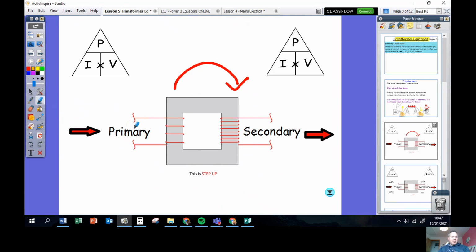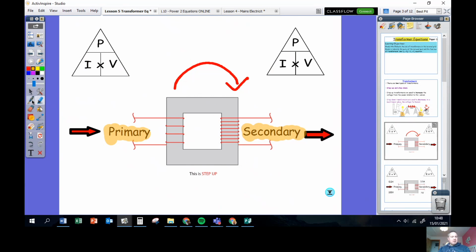We call the side that the power goes in the primary side of the transformer, and the side that the power goes out is the secondary side. So just like going from primary school to secondary school, the power goes from the primary side of the transformer to the secondary side.